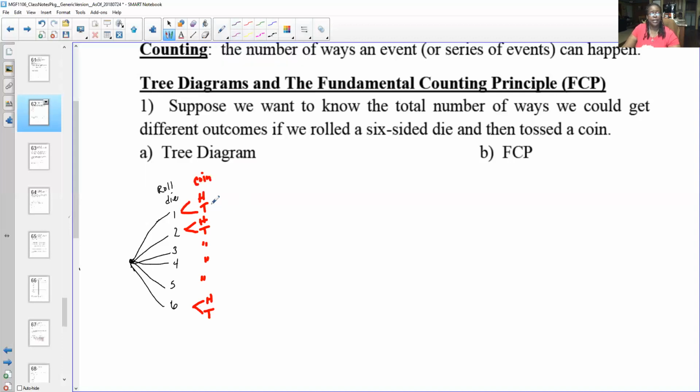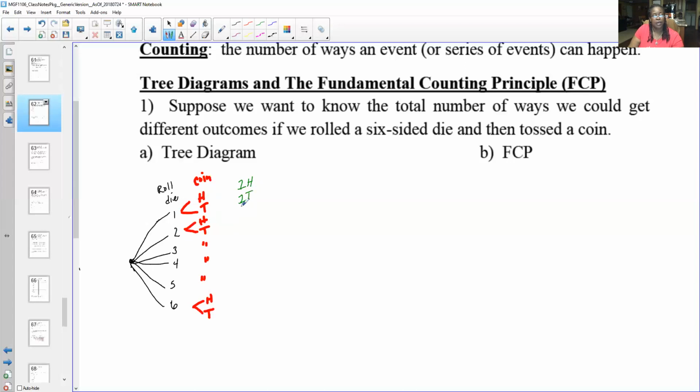what's happening. So now they want you to list out, here's our list now of the different outcomes. Now we don't really care about this, but this is what the tree diagram does. It actually tells you what the outcomes look like. So when you have this first situation here, you're going to have 1 head, 1 tail.